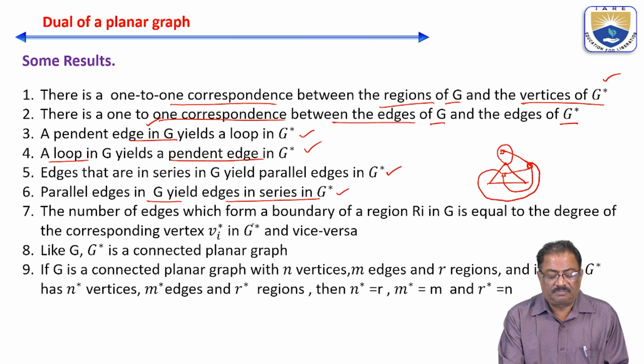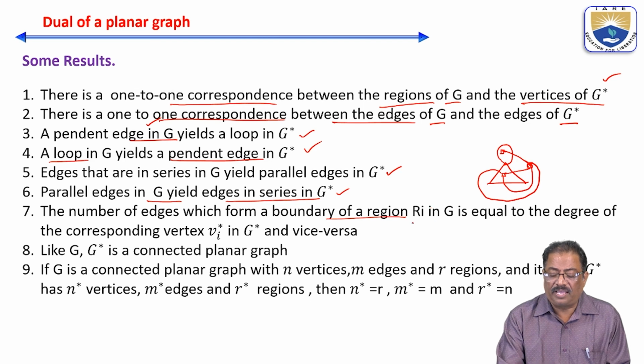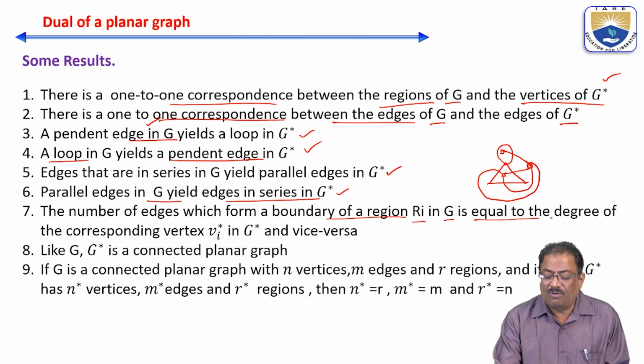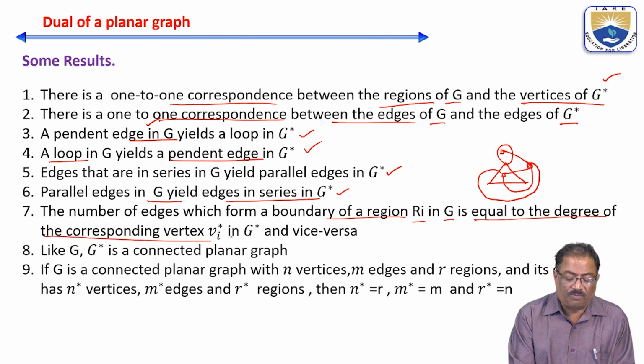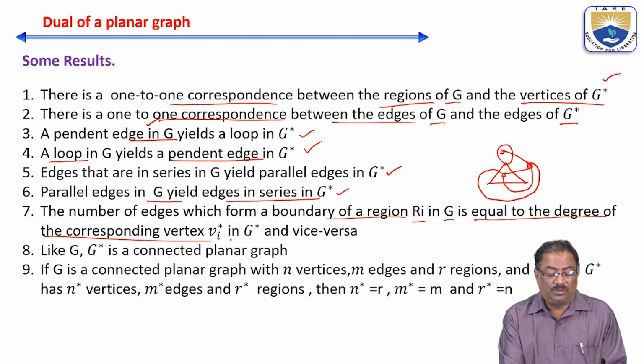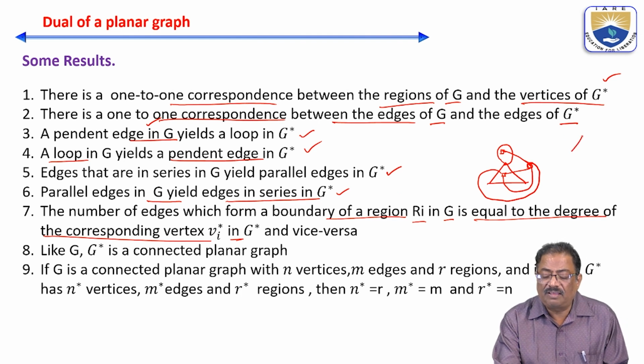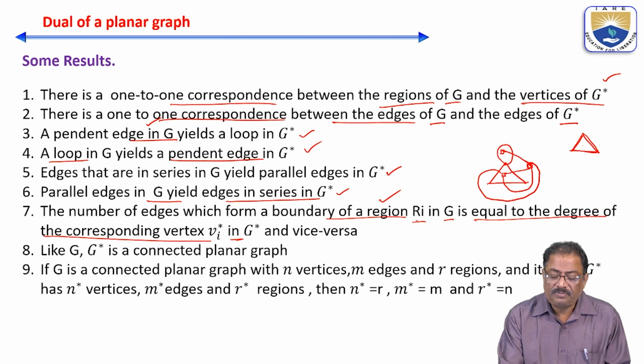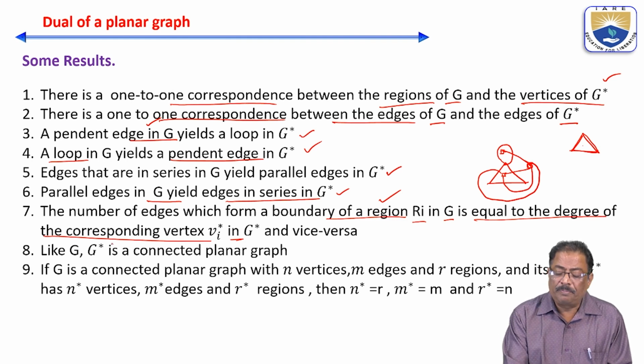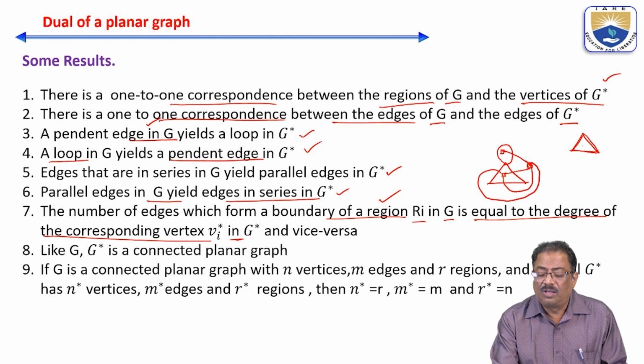The number of edges which form the boundary of the region Ri in G is equal to the degree of the corresponding vertex Vi in G star. What is the degree of this region? It is the number of edges bounding it, equal to the degree of the corresponding vertex.